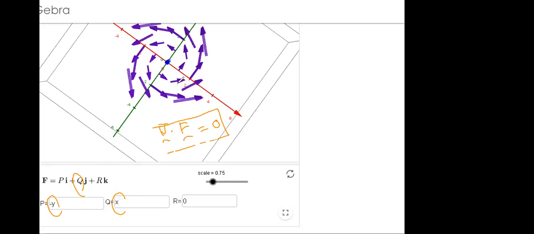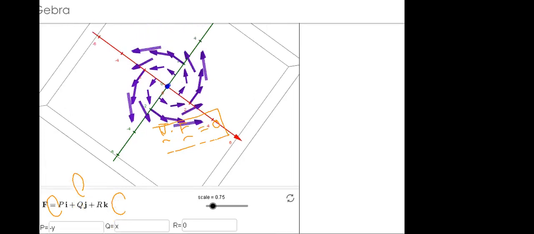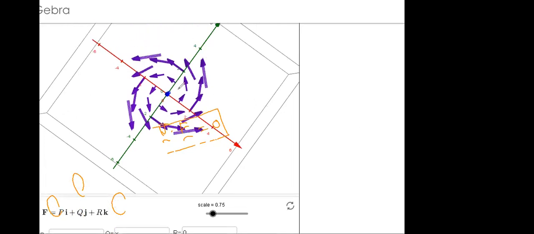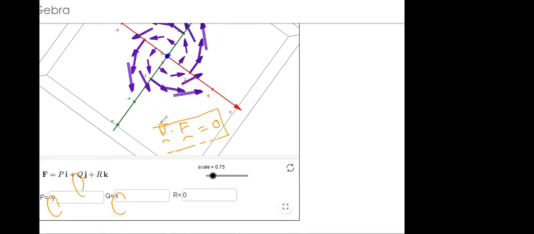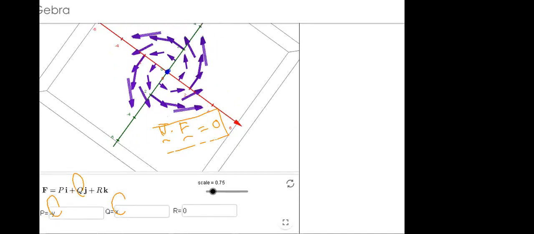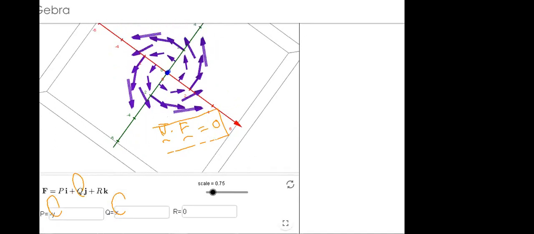That means the flux of the flow of this vector field at a certain point, if you consider any point, the rate of the flow flowing into this point is the same as the rate of this vector field flowing out. Both are the same. That's why you get 0, right? And you measure the flowing rate.